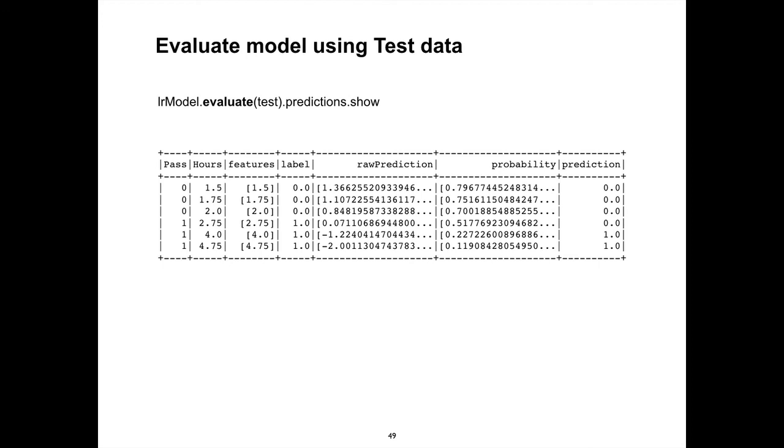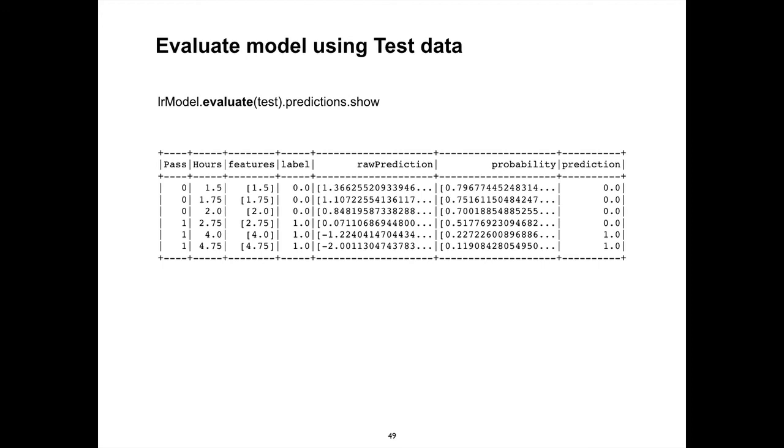On this particular data set, they pass, but the model said they will fail. But the probability is 0.51, so it was pretty close, right?